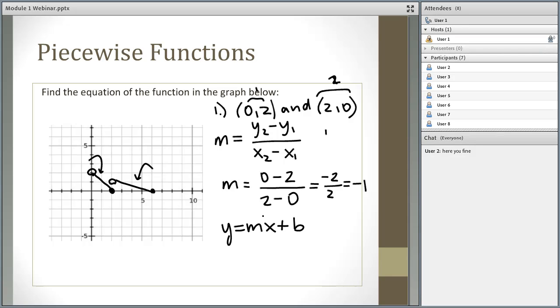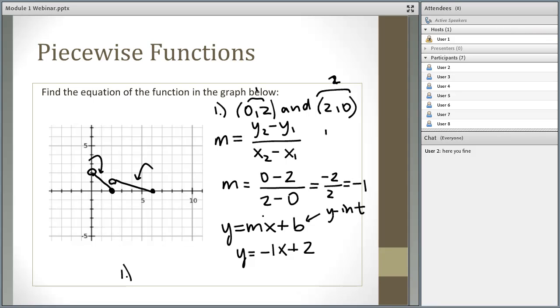So m is the slope that we just found, and b is the y-intercept. In this case, our y-intercept is 2. So we would have y equals negative 1x plus 2. Typically you wouldn't put the negative 1 out in front. You would write it as negative x plus 2, and I will do that in just a minute.